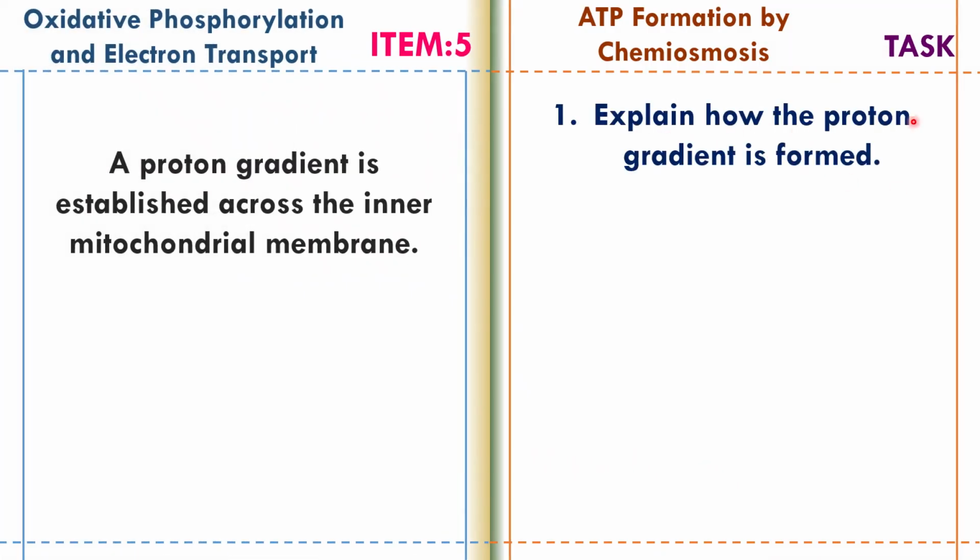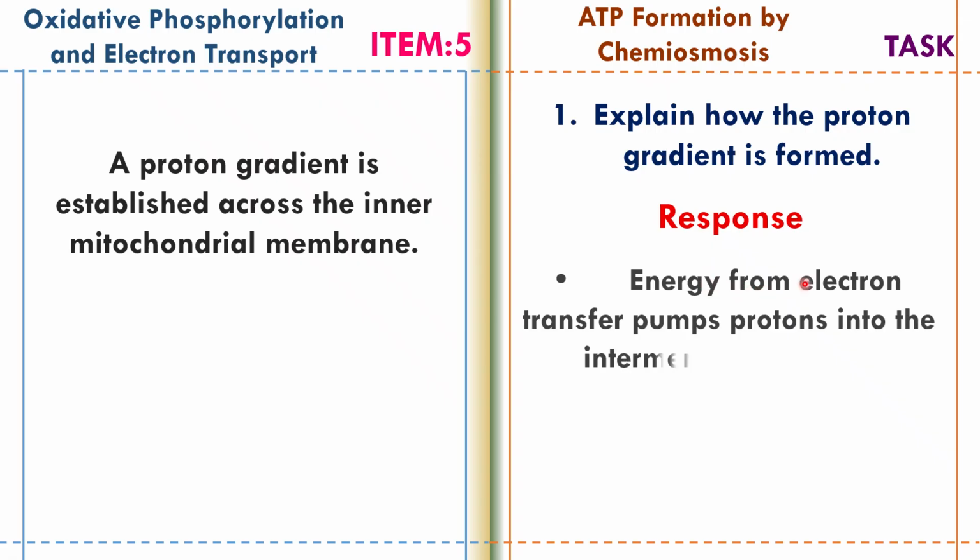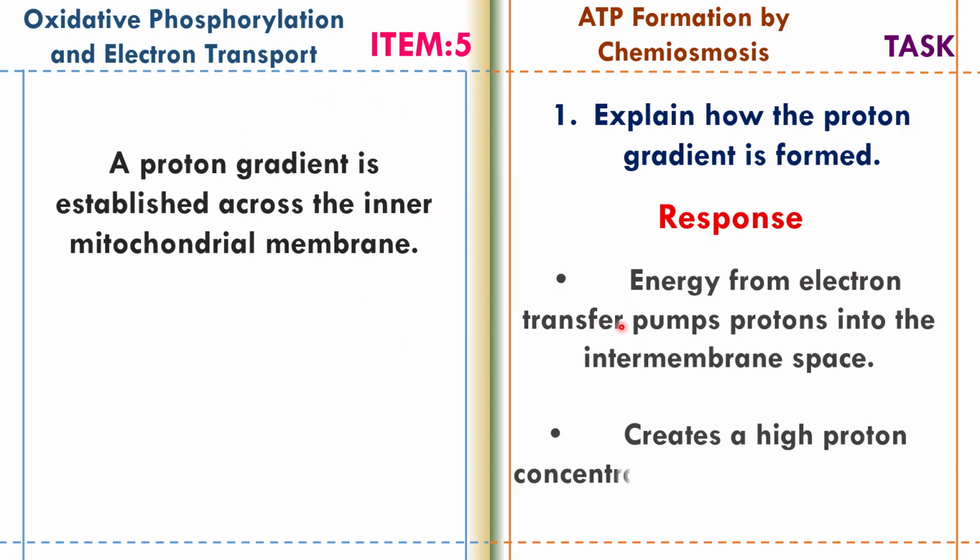Explain how the proton gradient is formed. Energy from electron transfer pumps protons into the intermembrane space. This creates a high proton concentration outside the matrix.